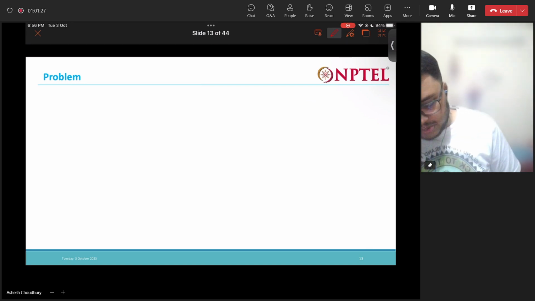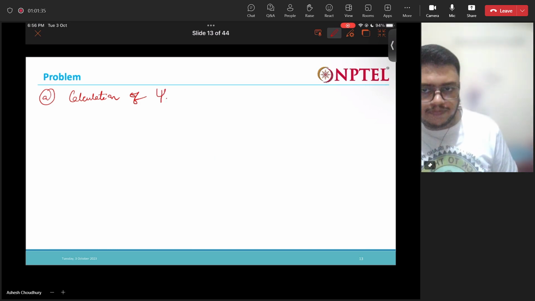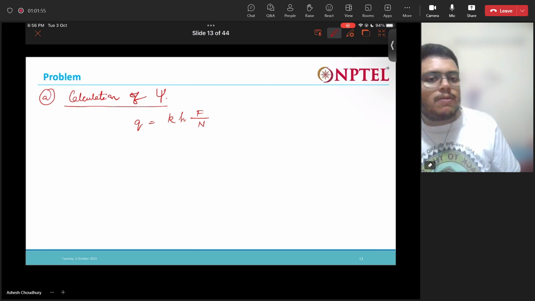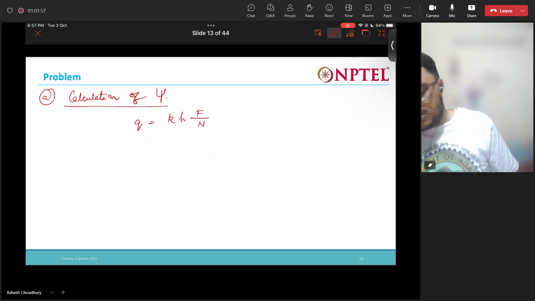Now, what is Q? This is the first. Now, what is the flow rate Q? The flow rate Q is nothing but, if you know from basic soil mechanics, from the seepage chapter, KHF by N, where K is the coefficient of permeability, H is the head loss, F is the number of flow lines, and N is the number of potential drops.